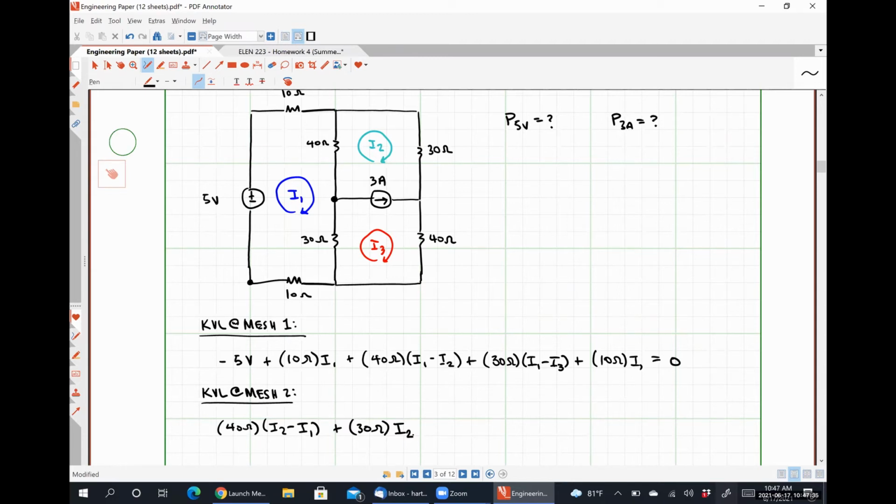Now we are doing Kirchhoff's voltage law. And this is an independent current source, which means that the amount of current flowing through it has nothing to do with the voltage drop across it at all. So we can't really do anything here other than label it.